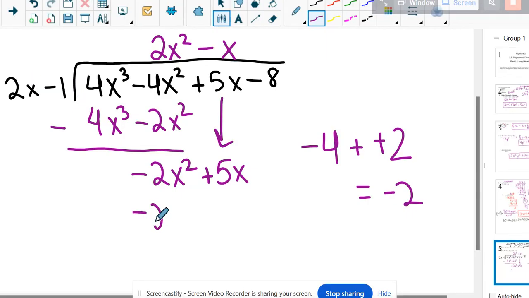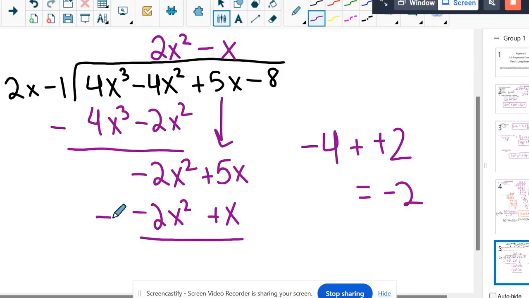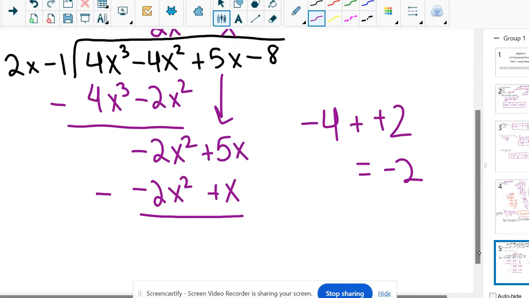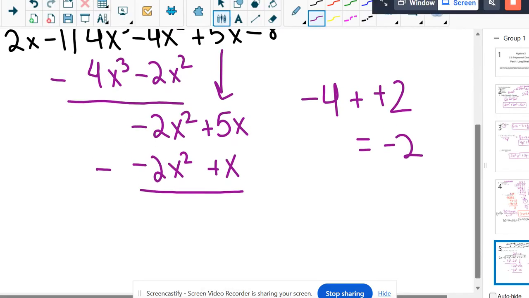So that's negative 2x squared minus, actually plus x, because it's negative x times negative 1. Yes, they should be the same, because you want them to cancel. Okay, so what would you get when you subtract those? No, because you're subtracting. 4x.